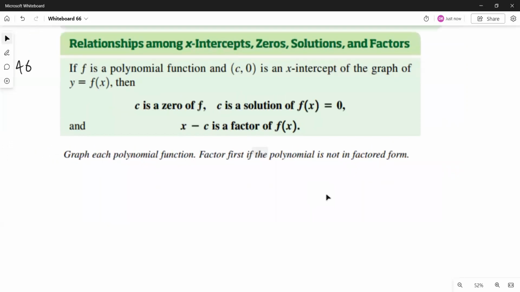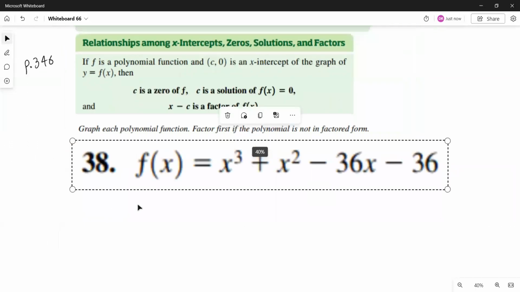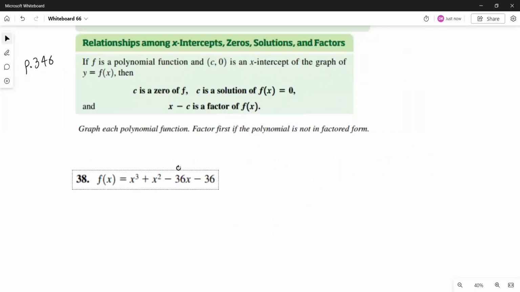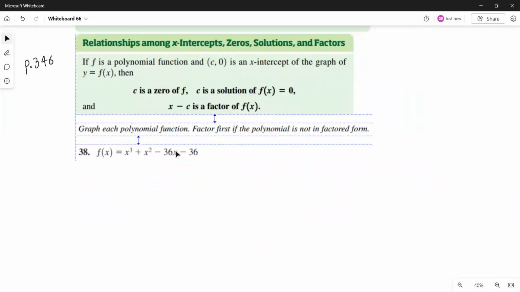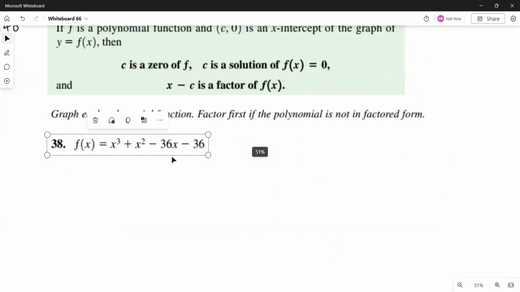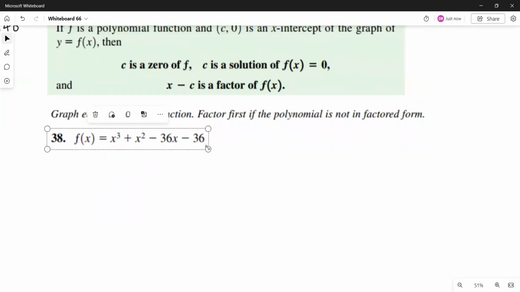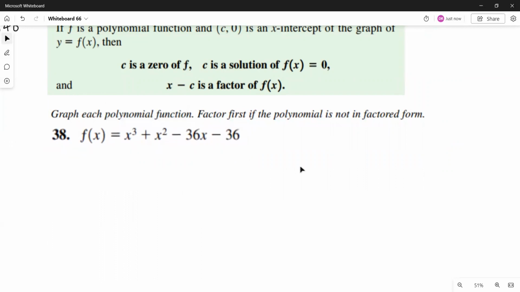If you have it in factor form, you can quickly determine the zeros. We are going to start with number 38. Those are on page 352.